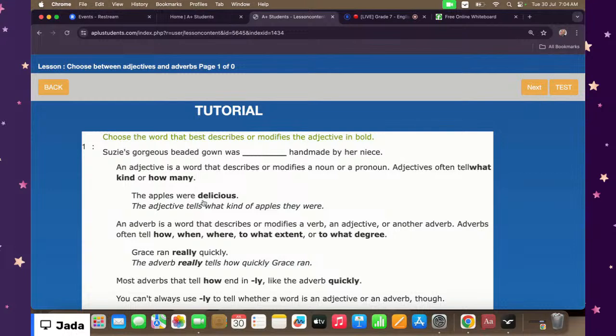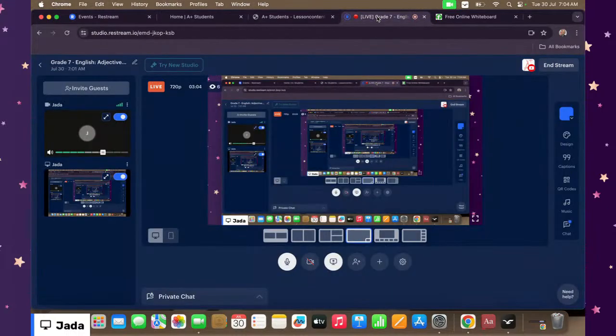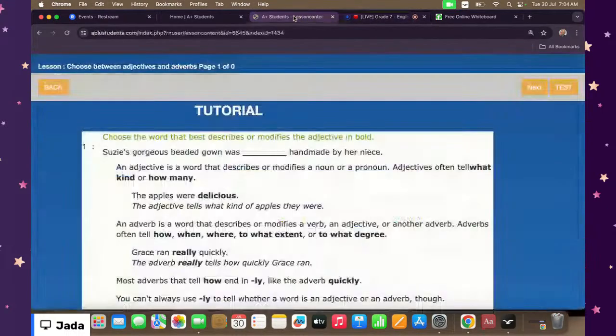All right. So, first of all, we need to note what an adjective is. An adjective is a word that describes or modifies a noun or a pronoun. An adjective often tells what kind or how many. So that's the basic. It modifies a noun or pronoun and it tells us what kind or how many.